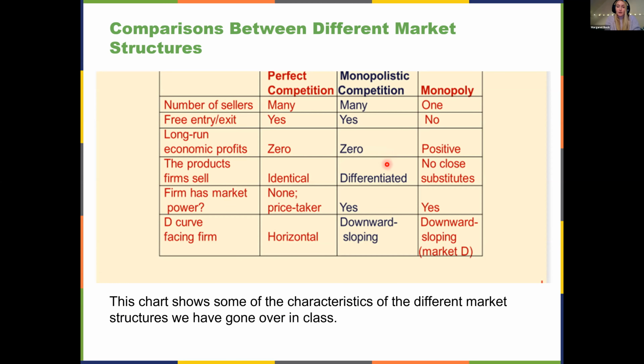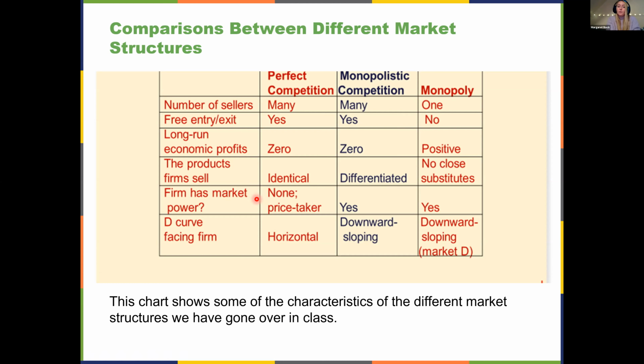Monopolistic competition, however, is where the firms are selling similar products, but they are differentiated in some way. So again, referring back to the last slide, this could be the physical size of the products, where the products are being sold, or any kind of intangible things about the product that make them special or different. You can think of a brand name as an easy way to encompass all of those things together.